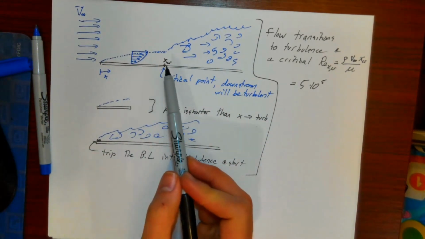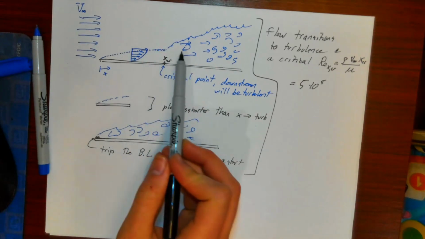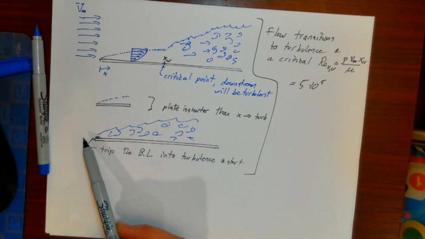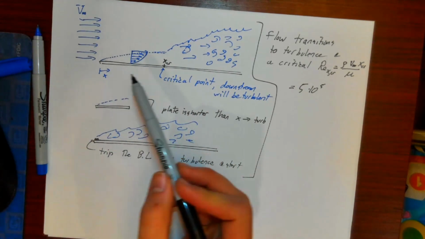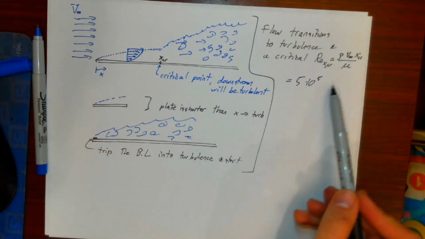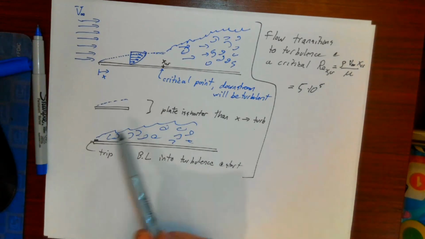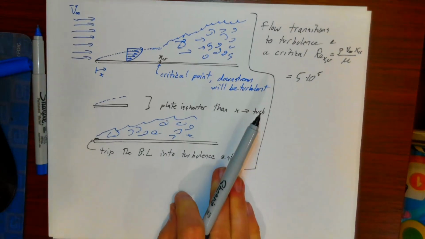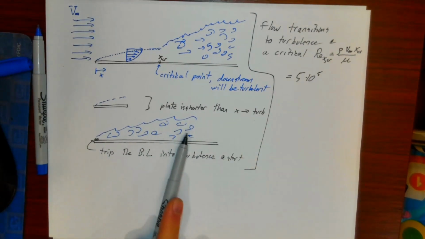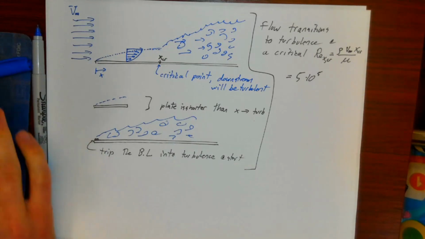And that might help answer: do I have a mixed boundary layer? Do I have a fully laminar boundary layer? And then, of course, you don't really need to consider this Reynolds number based transition to turbulence if you have something that intentionally trips your plate into turbulence right at the beginning.